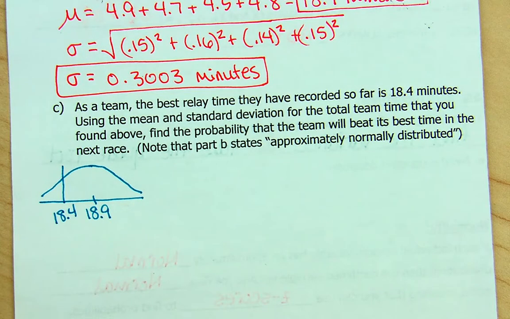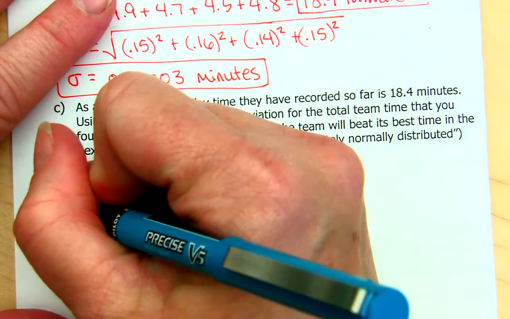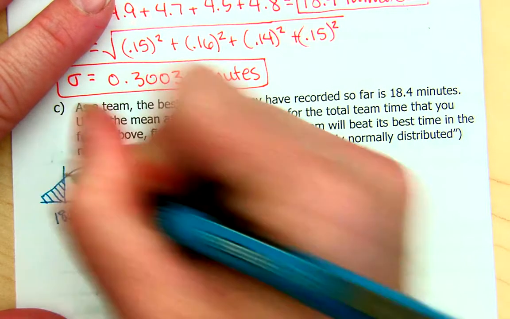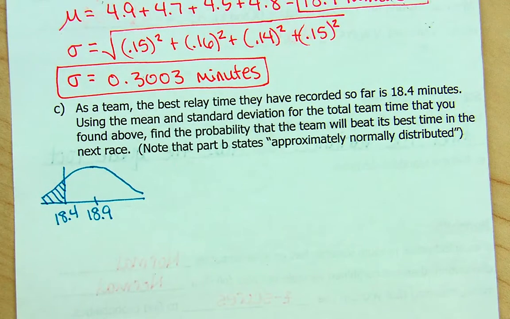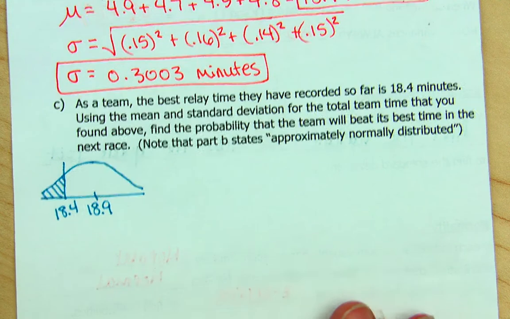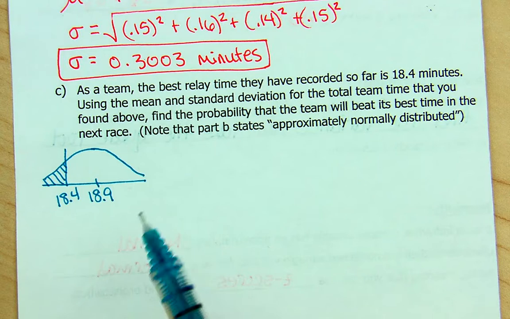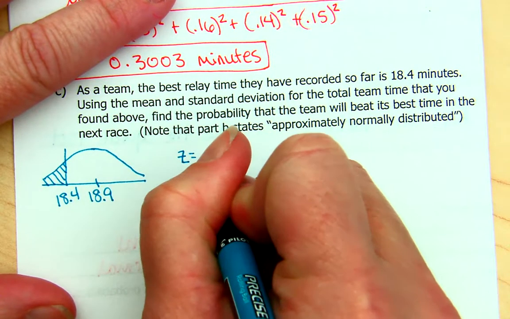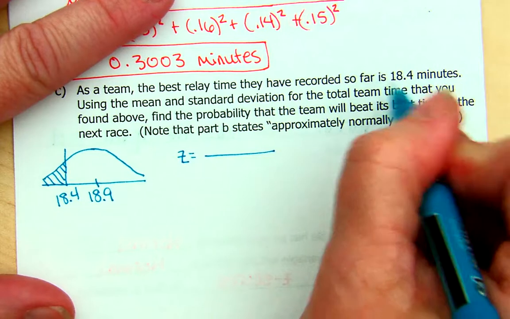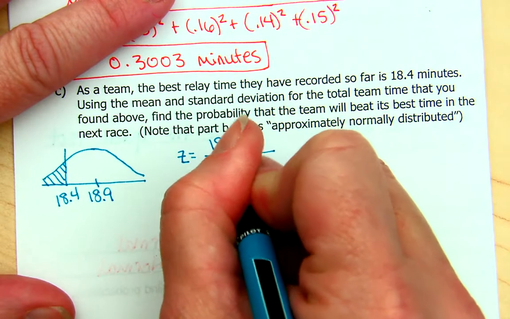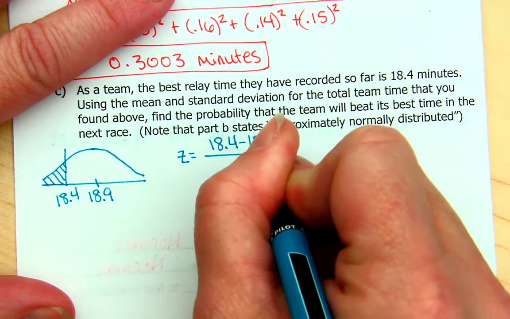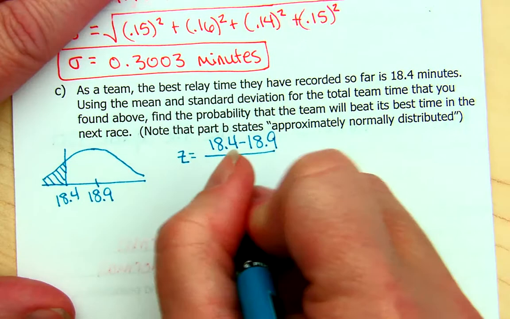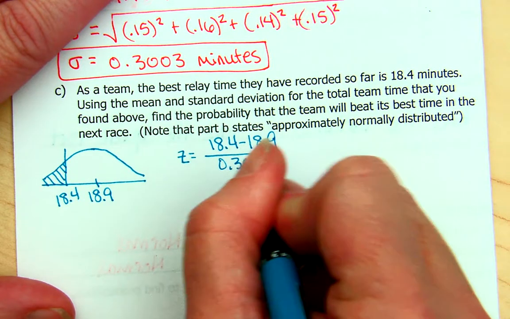And we want it to beat the time, so less than that amount of time. So we use this information, find a z-score. So z equals the value that we're looking at, so 18.4 minus the mean, 18.9, divided by standard deviation, 0.3003.